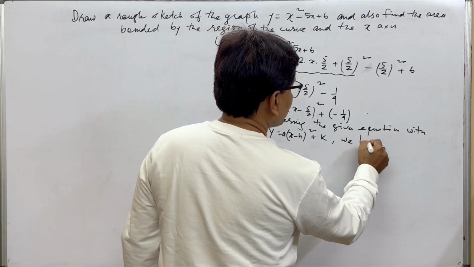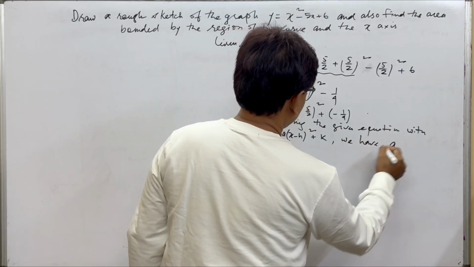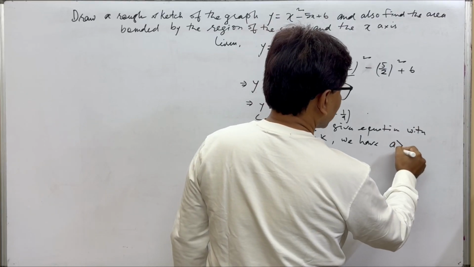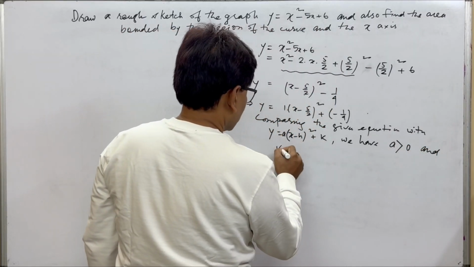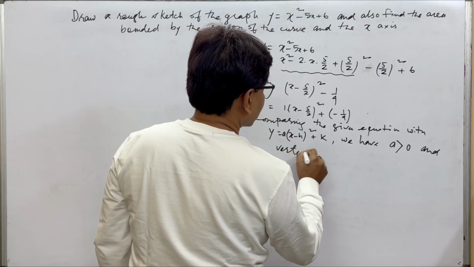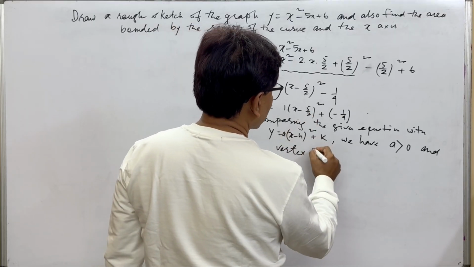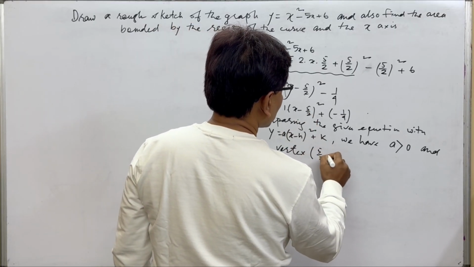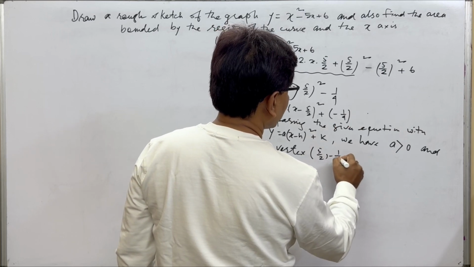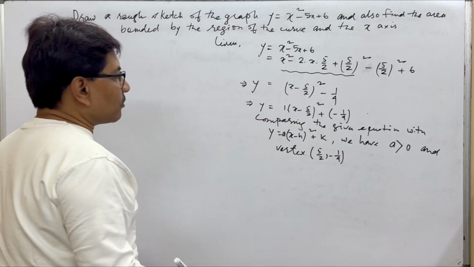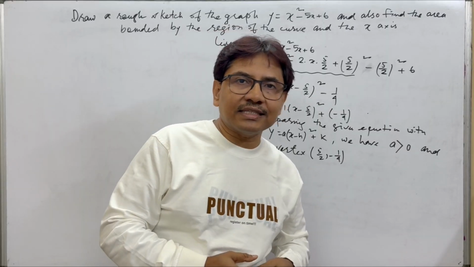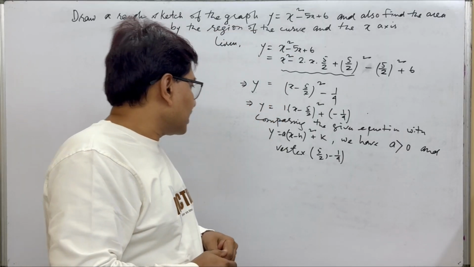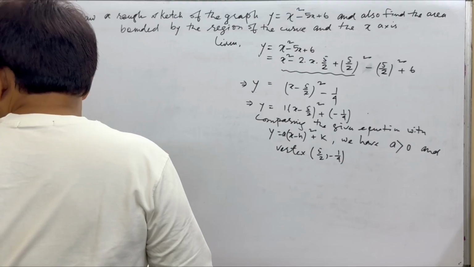We have a greater than 0 and vertex h comma k. H is 5 by 2 and k is minus 1 by 4. So now this vertex, that turning point of the parabola, to understand it, let us draw the graph.